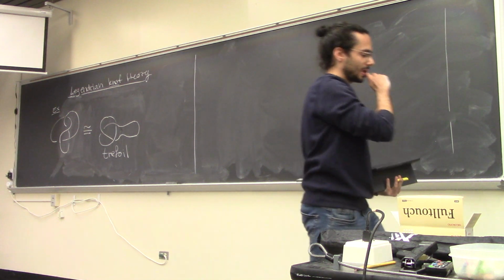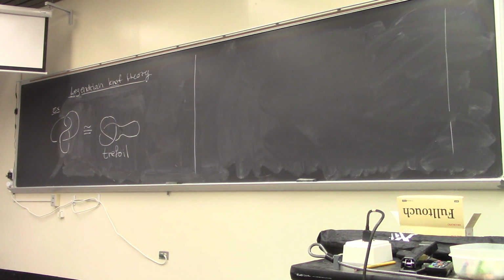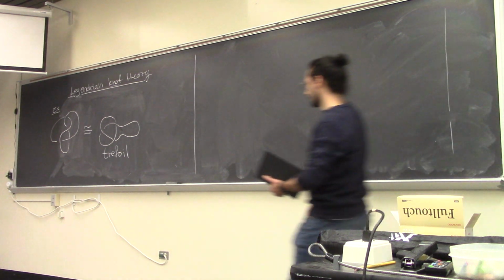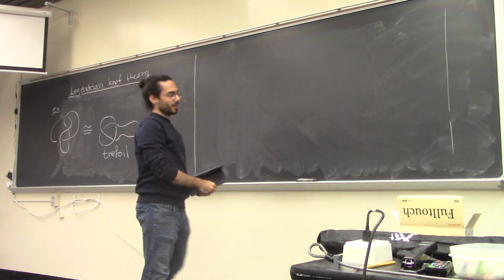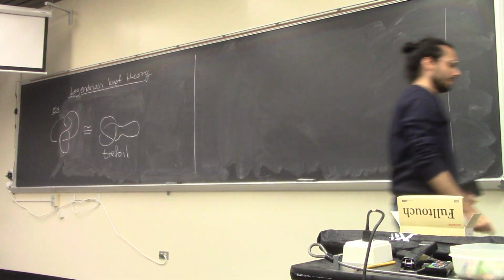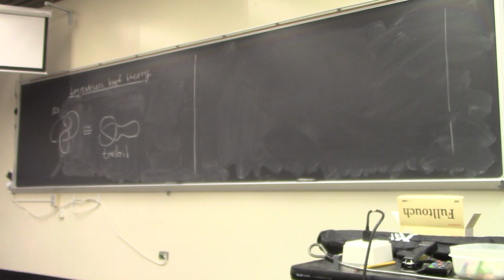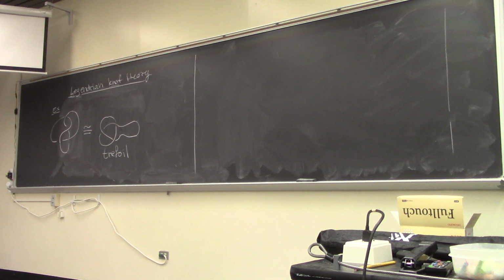Okay, and so in general, this is all good and well, but it's really difficult. I can give you much more complicated knots. I can draw something random, and it becomes very difficult very quickly to figure out if two knots are different or the same.